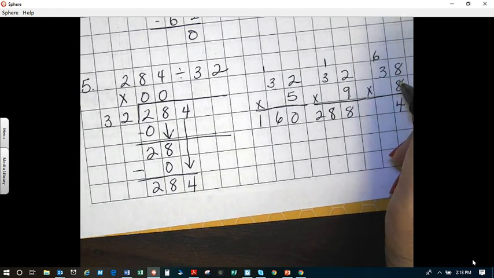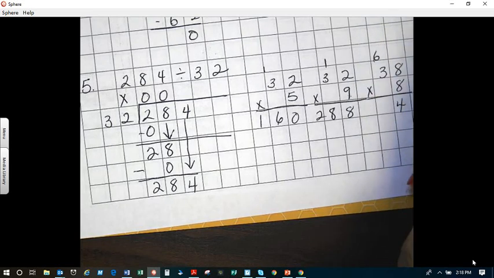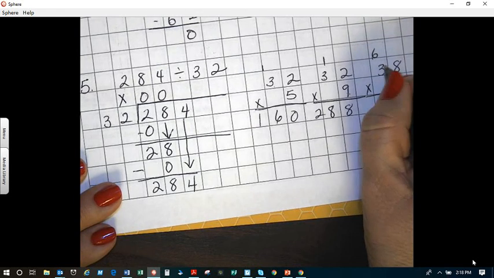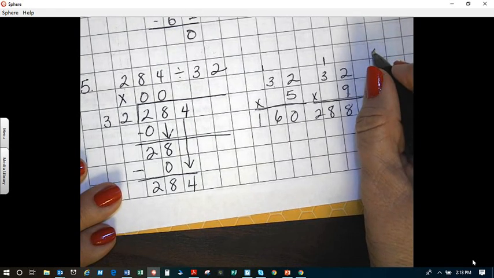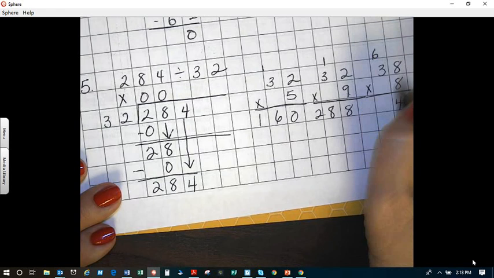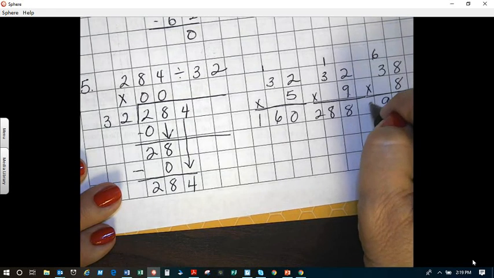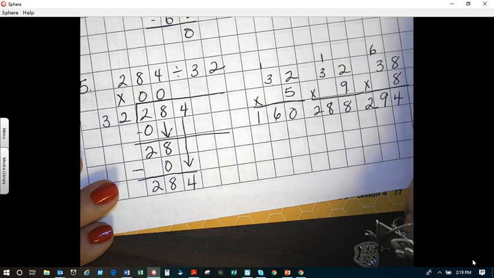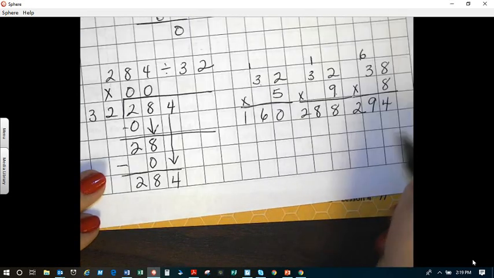What did I do wrong? And I went down 1. So 8 times 8 is 64. That's 24. 25, 26, 27, 28, 29. That can't be right. That's not right at all. What am I doing wrong?